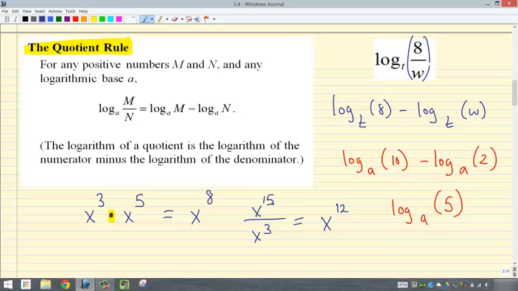When you learn these rules of exponents, it took you a while, but eventually you learned that what you have to do is you say 3 plus 5. You add them. Even though the operation is a multiplication, in order to simplify, you have to add your exponents. And you also said 15 minus 3. You had to subtract them. Why? Because the 15 was on the top and the 3 was on the bottom.